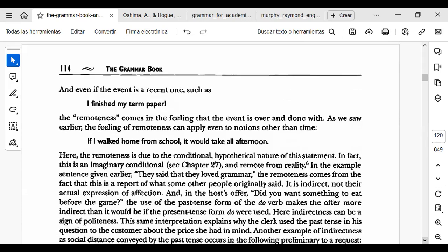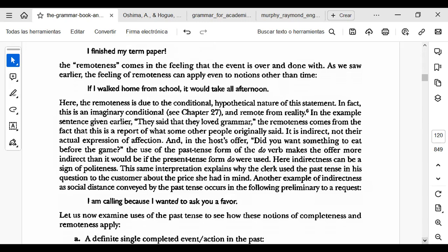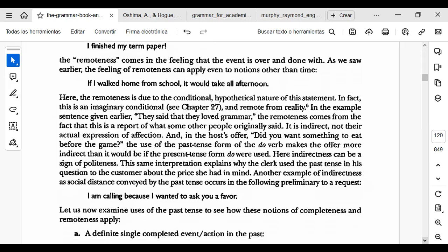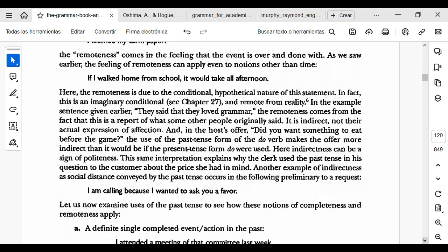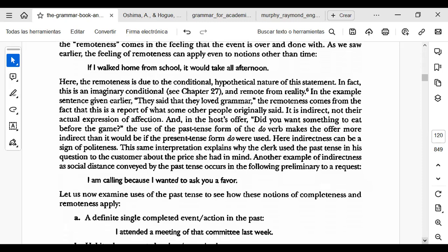For example, the Toronto Blue Jays won the World Series in 1992. And even if the event is a recent one, such as "I finished my term paper," the remoteness comes in the feeling that the event is over and done with. As we saw earlier, the feeling of remoteness can apply even to notions other than time. If I walked from school, it would take all afternoon.